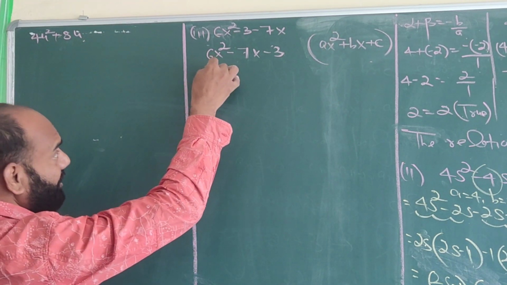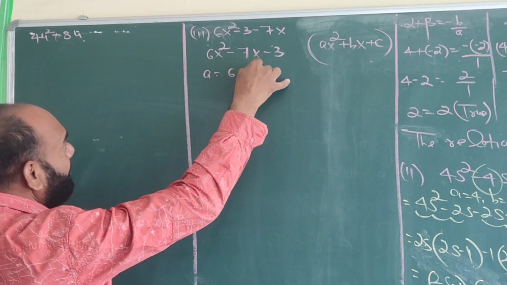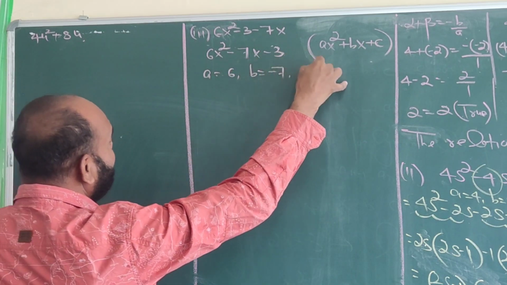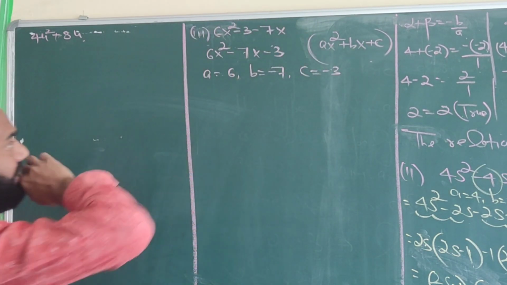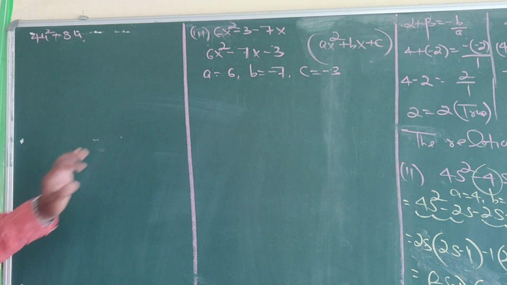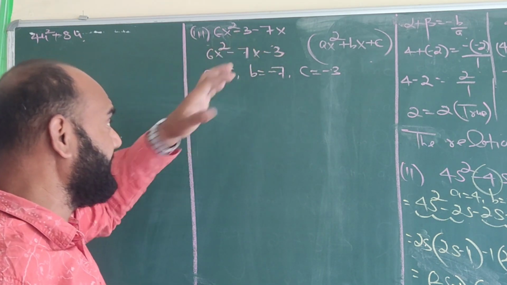And here we check a equal to 6, b equal to minus 7, and c equal to minus 3. Now we find the zeros of this polynomial.